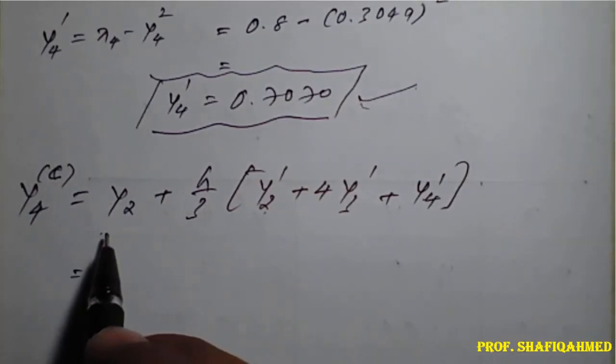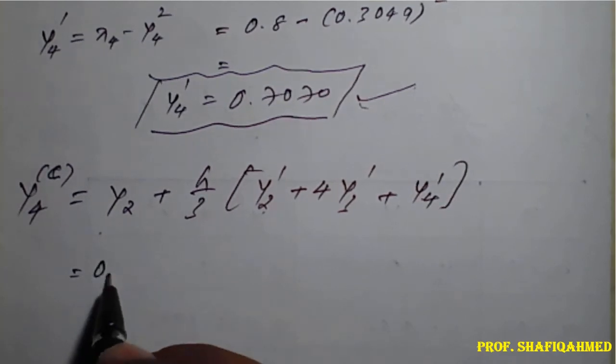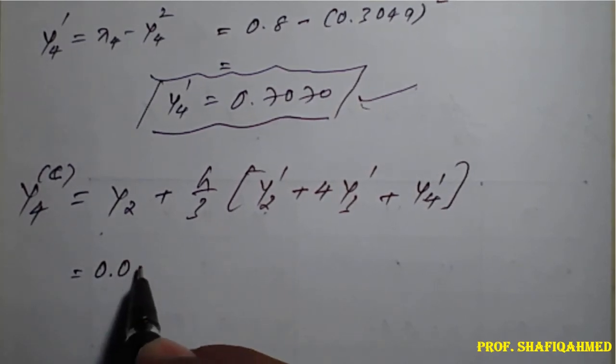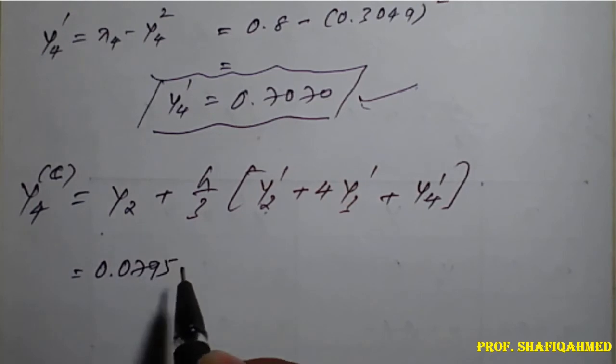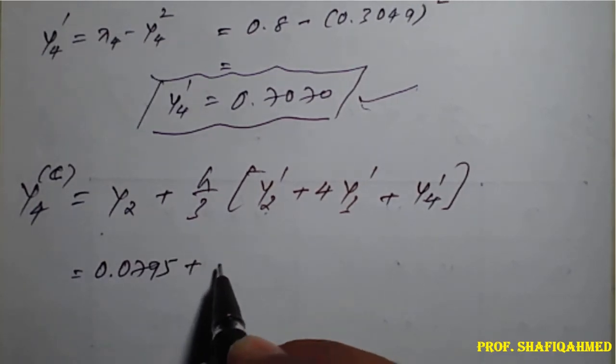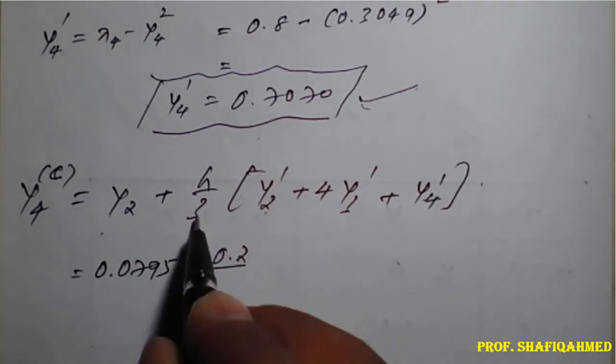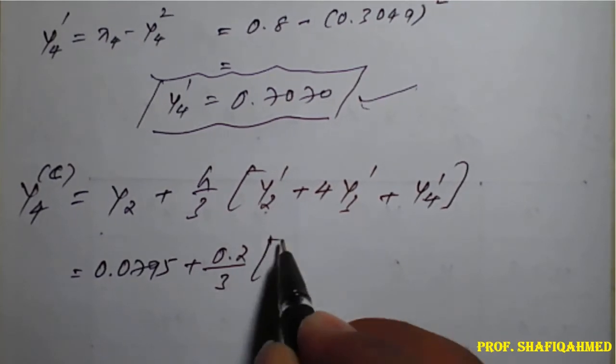So therefore y2 from the table is 0.0795 plus h value 0.2, and from the formula divided by 3, as it is.